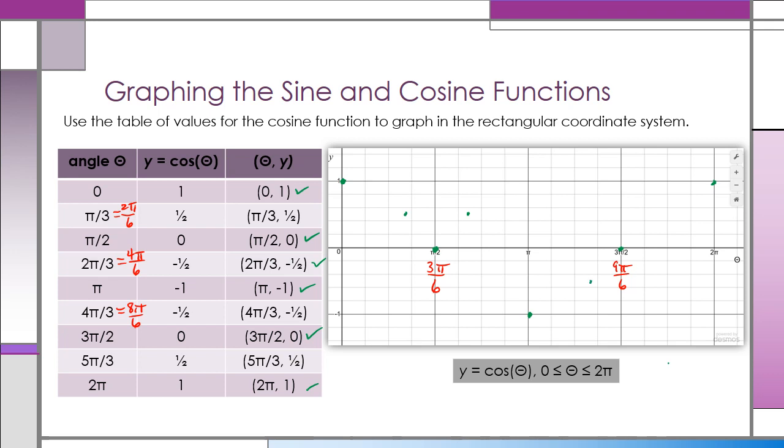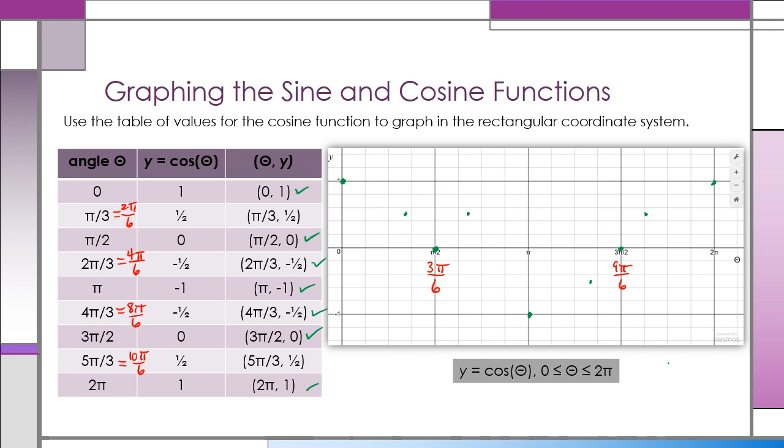So maybe something like that. All right, and the last one, 5 pi over 3. 5 pi over 3 is 10 pi over 6, so just a little bit to the right of 9 pi over 6, and I am at +1/2.